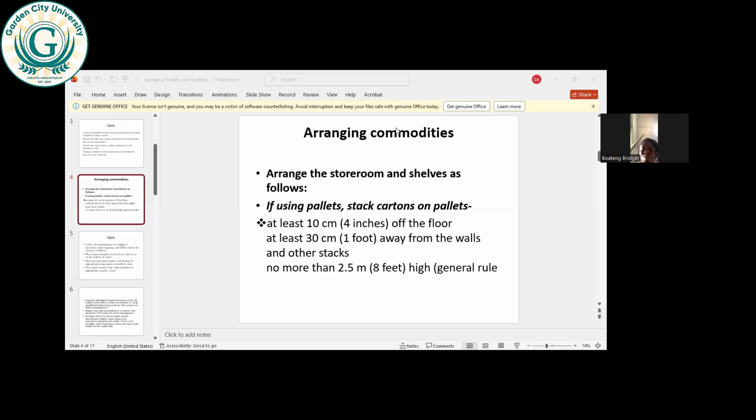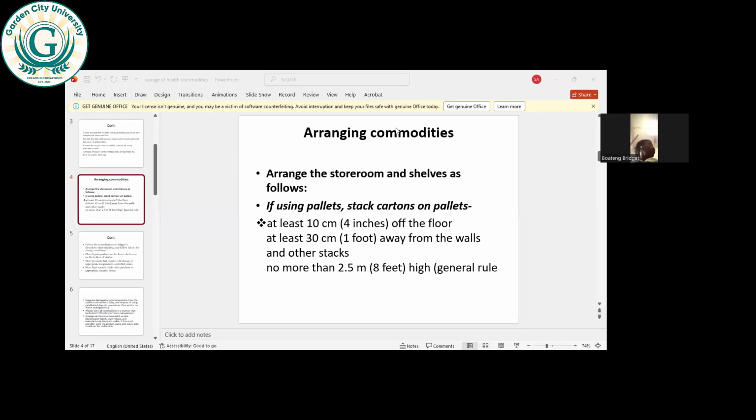So with 8 feet, it means that you may still need a ladder or something to stand on to be able to pick it, especially when you are dealing with heavy items.